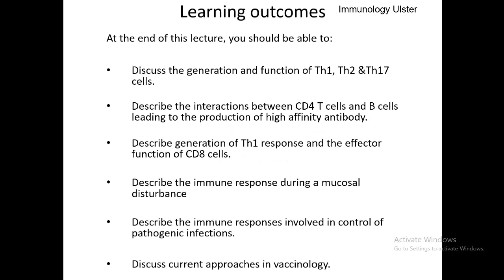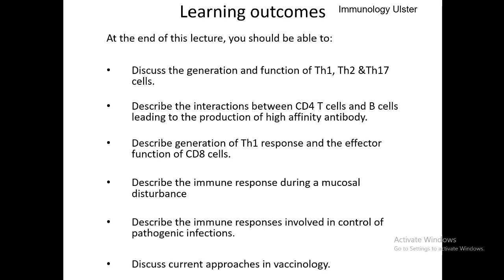So in terms of what I would expect you to know by the end of this, I would expect you to be able to discuss the generation and function of Th1, 2, and 17 cells and the associated immune responses. I would hope that you'll be able to describe the interactions between CD4 helper T cells and B cells that would subsequently lead to the production of a high affinity antibody.